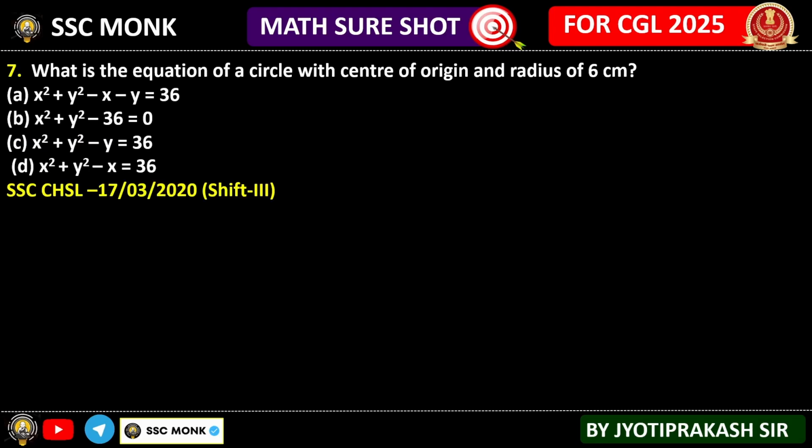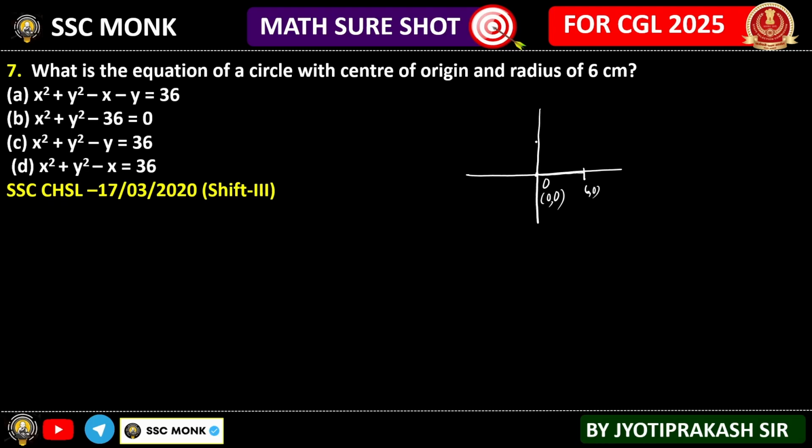Okay. Next, what is the equation of the circle with center at origin and radius 6 cm? Now understand here. Origin means what? This point. So when the center is origin, that means this value is equal to 0, 0. And the radius 6 cm, that means here I can write 6, 0.